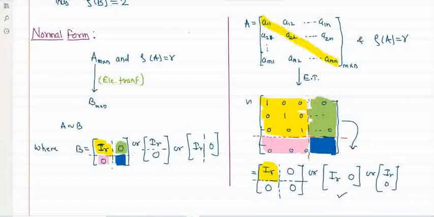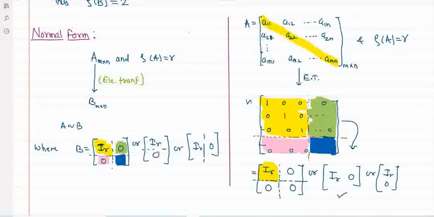After converting to this, you can recognize the rank of the matrix. So this definition we are going to use to find the rank of the matrix, in reverse. When the question is to find the rank of the matrix, we reduce the given matrix to the normal form.